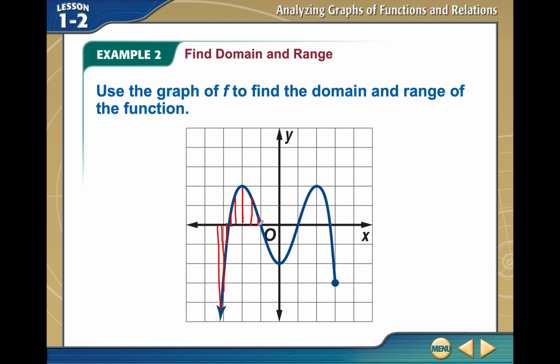I'm taking the point and vertically projecting it to the x-axis. So if you could just visualize this, you are projecting every point from the graph onto the x-axis, and you can see all the points that are included for the domain.